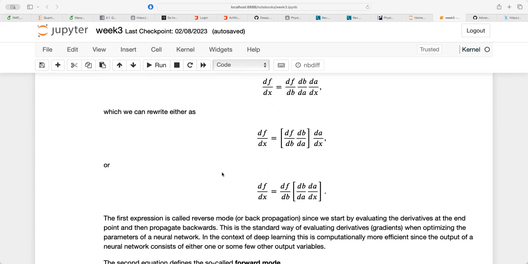The reason for that is that a neural network can have many inputs. You can have an input vector with 10,000 inputs. If you have a photo of 100 times 100 pixels, you have 10,000 inputs. But you may be doing a classification problem, and you want to classify this image as a house, so it's either 1 or 0. It means your output is just 1 variable, and that's why you normally start at the endpoint.